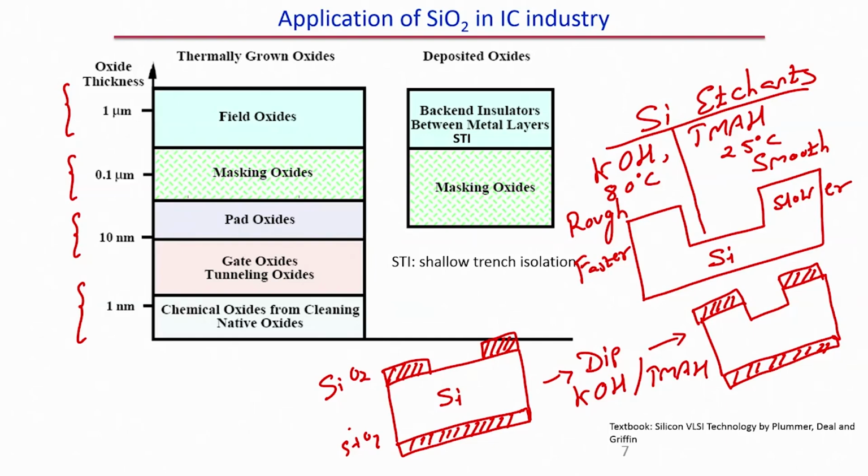How and why? Because this silicon dioxide will act as a mask against the silicon etchant. So, the silicon etchant cannot etch silicon in this area, that is what we mean by masking oxides.